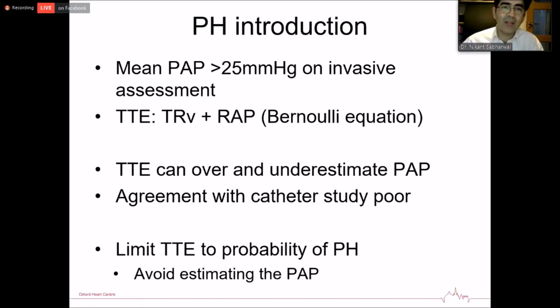So any error is multiplied significantly. Now we know echocardiography can therefore overestimate and underestimate the pulmonary artery pressure, and the agreement with catheter studies has been poor. So the latest guidelines suggest we should limit echocardiography to determining a probability of pulmonary hypertension and avoid spending too much time to estimate the pulmonary artery pressure itself.